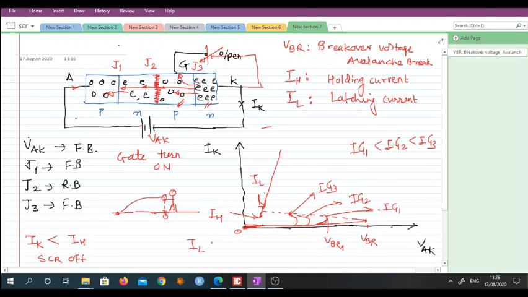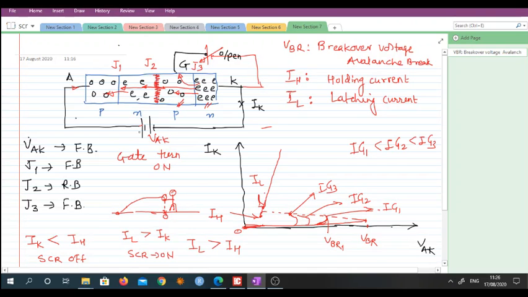We have to remember that IL is always greater than IH, and once the cathode current IK is greater than this IL value, it is ensured that the SCR is in the on state. Okay, so this is the typical VI characteristics of the SCR.